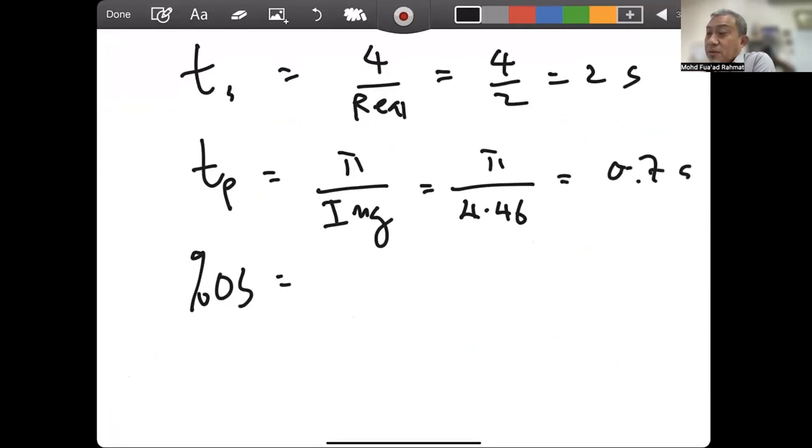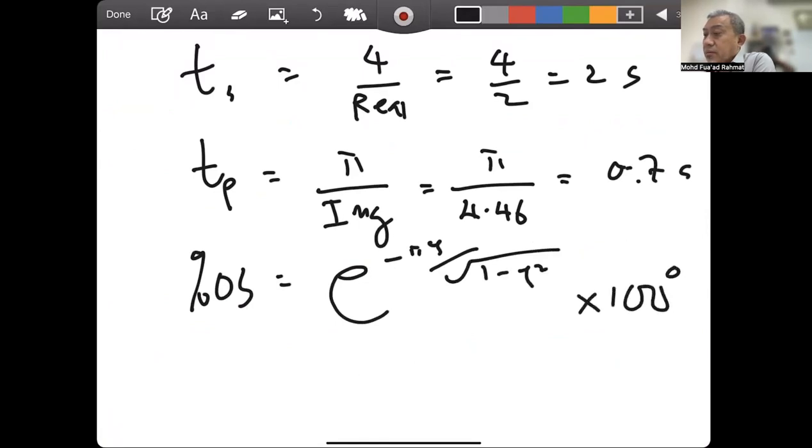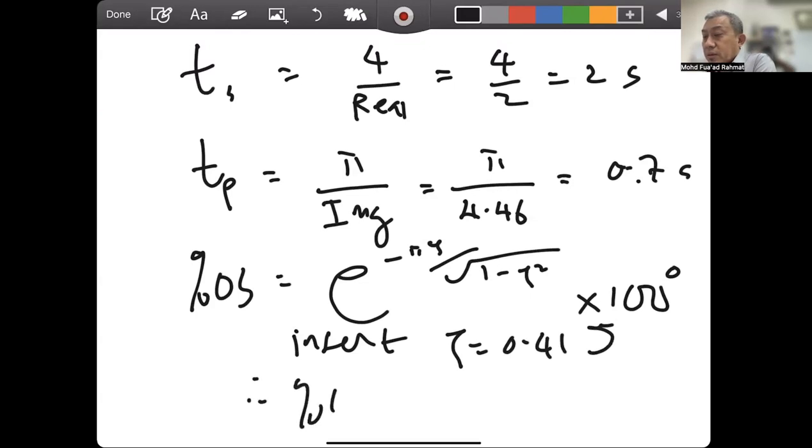And overshoot uses the zeta value here: exponent of minus zeta pi over square root of 1 minus zeta square, multiplied by 100. Insert zeta 0.41 into the formula, then you will get the overshoot at 24.5%.